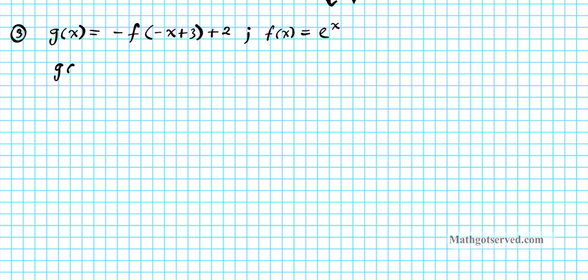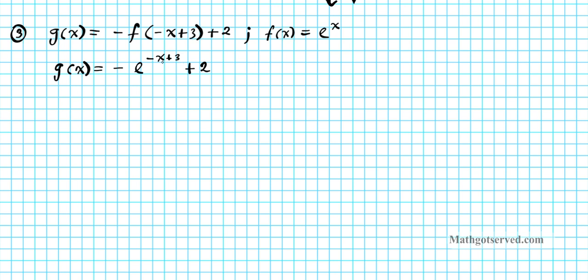So g of x is basically what you get when you compose this function with negative x plus 3 and shift it 2 units up, and you also have this negativity here, so you have minus e to the negative x plus 3 plus 2. You replace this x with what it's composed with.